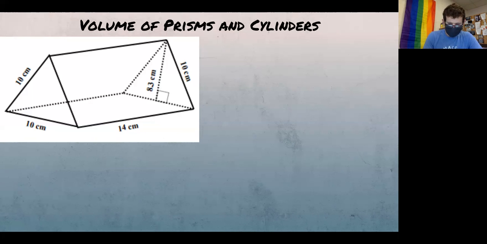So now I have to do volume equals, I'll go ahead and show you this one, area of the base times the height. So what area formula do we need to use? There it is, base times height divided by 2.